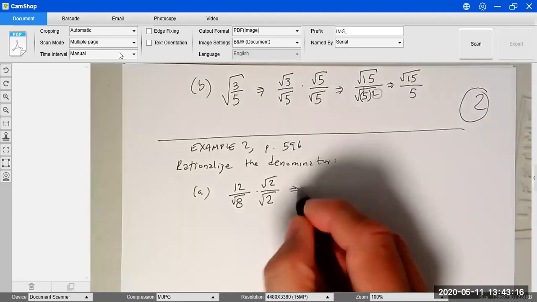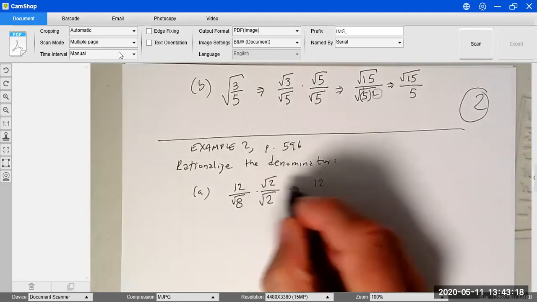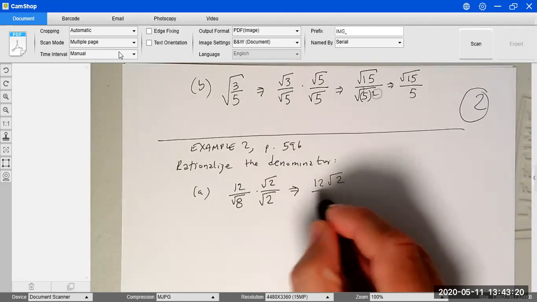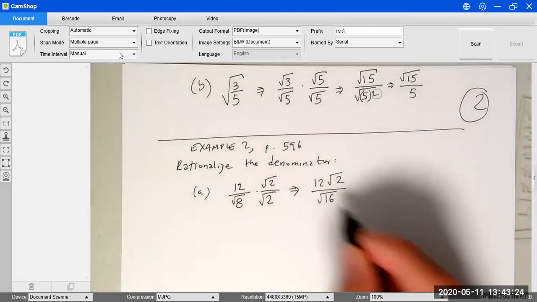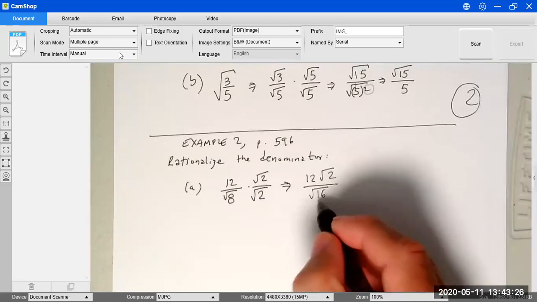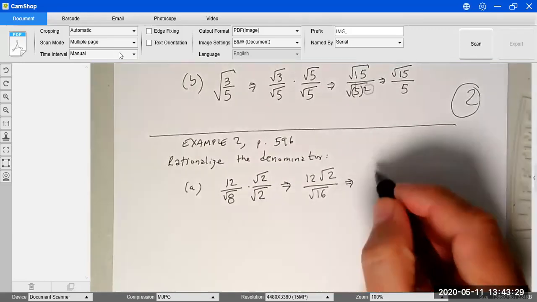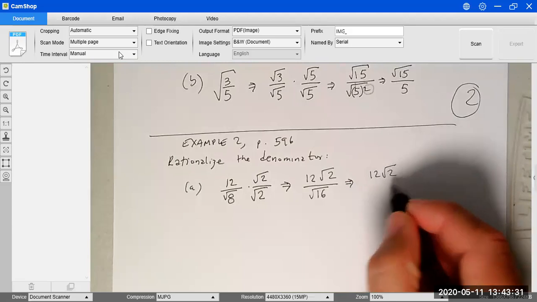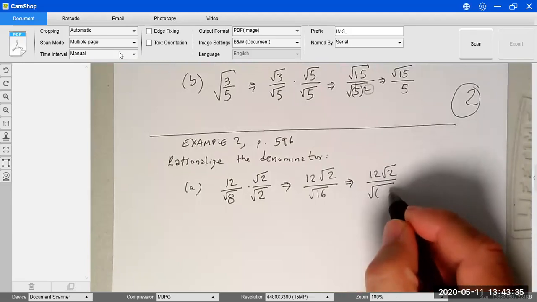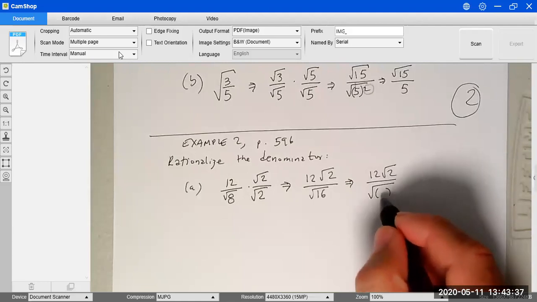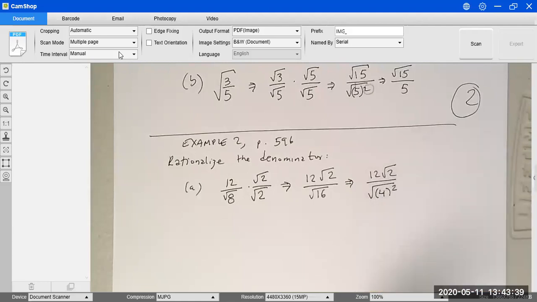So let's do that. So we're going to have 12 times the square root of 2, and here we're going to have 8 times 2 is going to be 16. So this is a perfect square, so we're going to rewrite that as a perfect square, by using power or exponent 2, so it's going to be 4 squared.